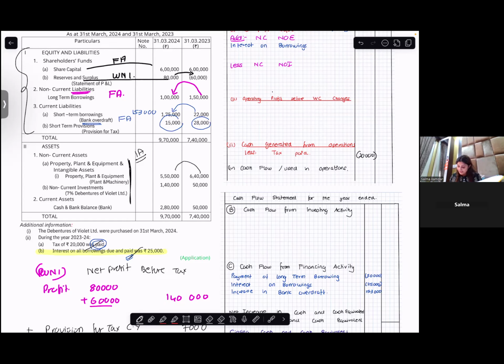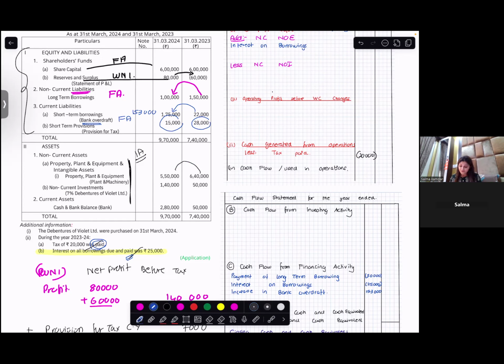Opening was 640,000, now it has become 550,000. That means your asset is sold, or maybe there is a depreciation on your plant and machinery. Then you will go and check, is there any information given about sales of the asset or not, purchase or sales.